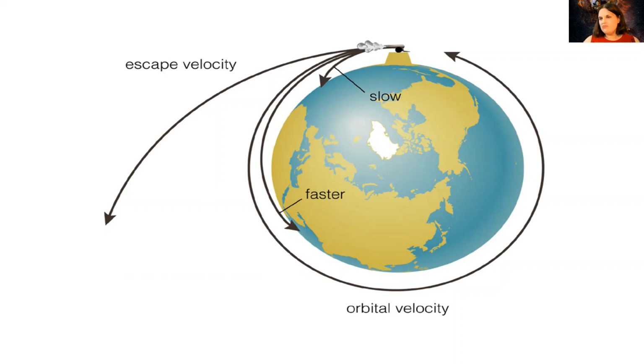And he thought, what if we had a much more powerful cannon? A more powerful cannon would fire farther, but it still curved down to the Earth. And that's when the wheels started turning in his head.